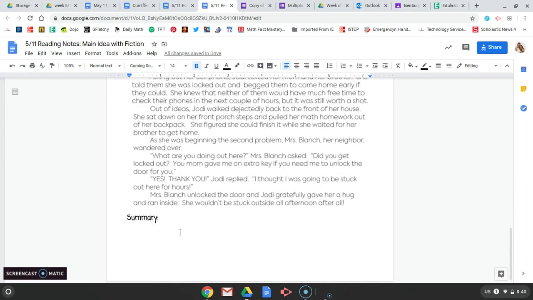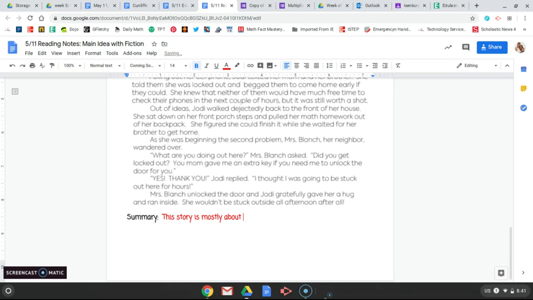So we're going to go down here and type in complete sentences. We are going to make sure we have a capital letter and a period, all that good stuff, because we are writing a response. This story is mostly about a girl named Jody.